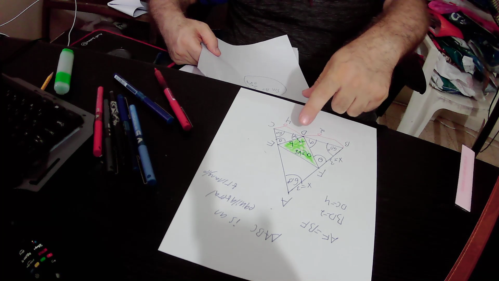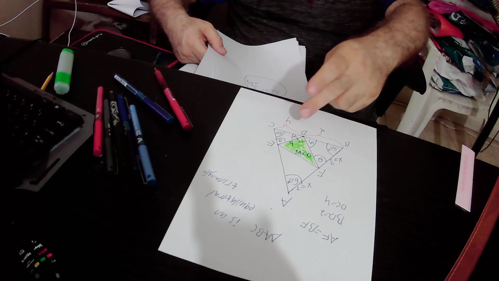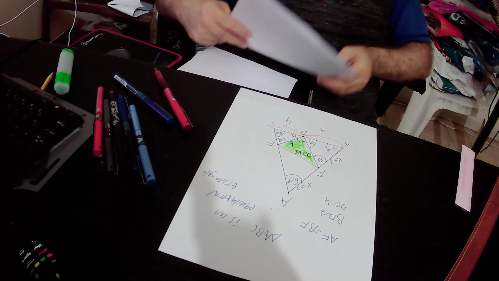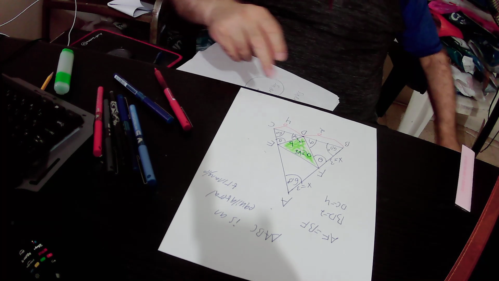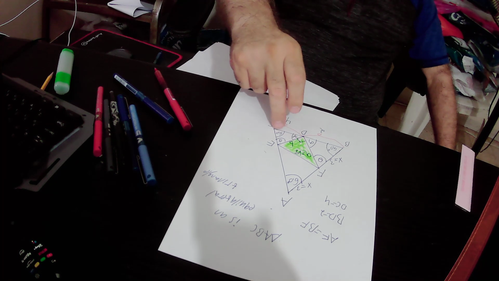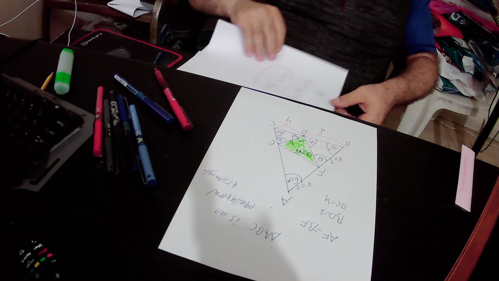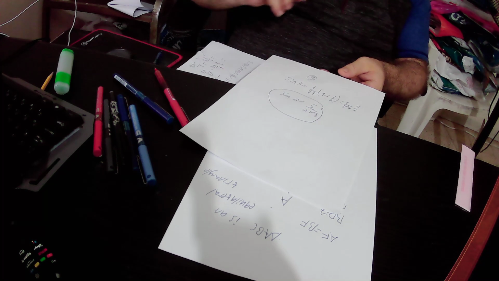So when we know that the value of sine beta is 5 over 2 times root 7, we can easily find out the value of b, because we can implement the law of sines in triangle DEC. According to the law of sines in triangle DEC, b over sine 60 equals DC over sine beta, and we have already found that sine beta equals 5 over 2 times root 7.